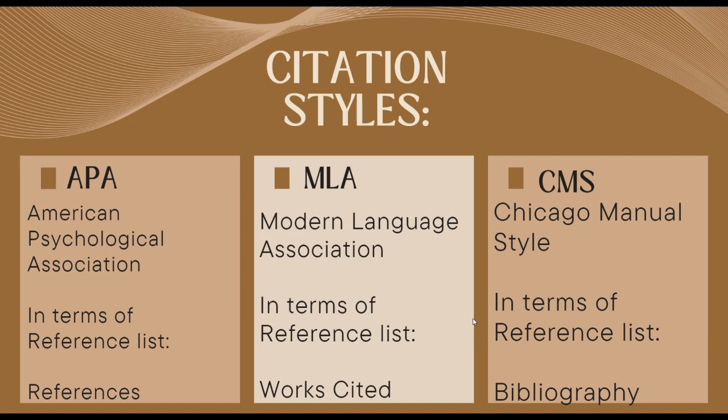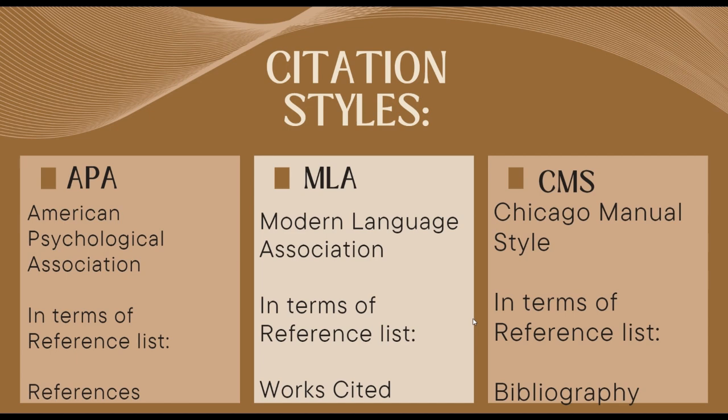Next is the MLA, which stands for the Modern Language Association, and in terms of reference list, it is labeled as the works cited. The MLA was developed or founded in 1931 by Carlton Brown and Cyril Arthur, and it is mainly used in literatures such as the books and many more.